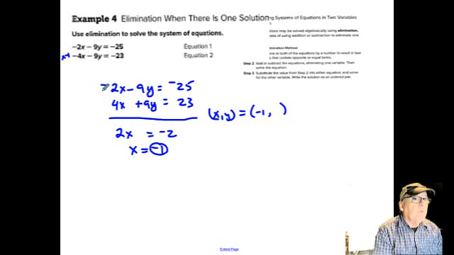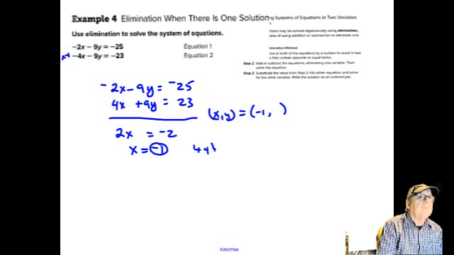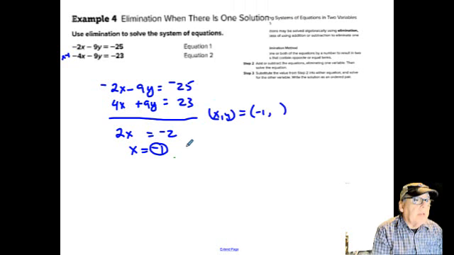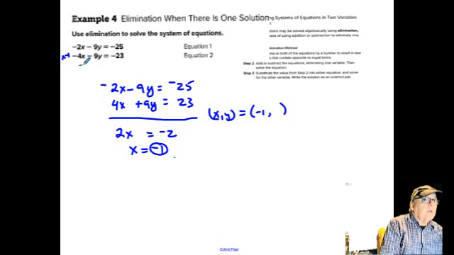I have a negative 4 times a negative 1, which is a positive 4. I have a minus 9y. So I'm going to go up here with a negative 1.